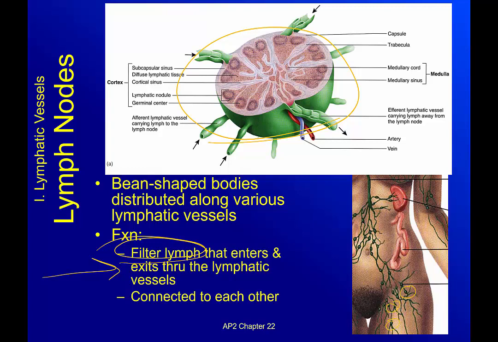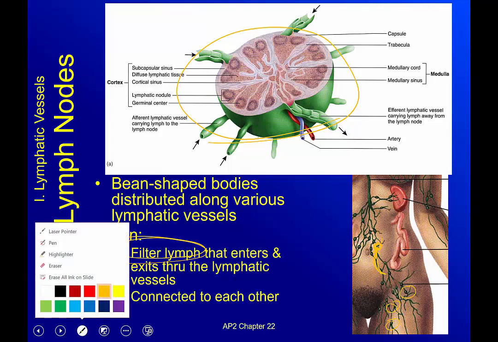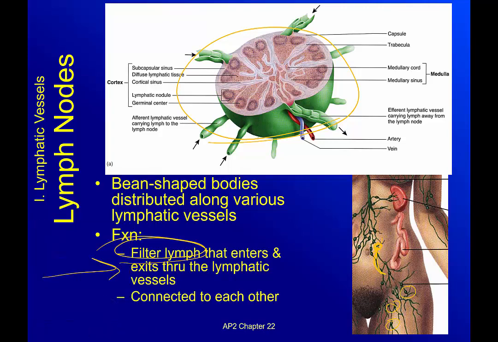They're not isolated. If I have lymph fluid coming up here, it makes a pit stop at this one. So if I have fluid coming in here, it makes a pit stop here, here, here, here, and that's before I get to the thorax where that drop-off point is.